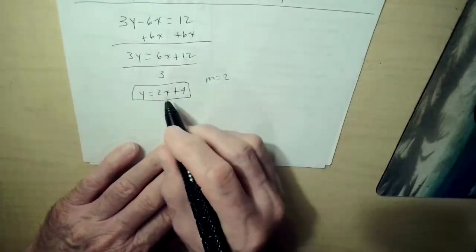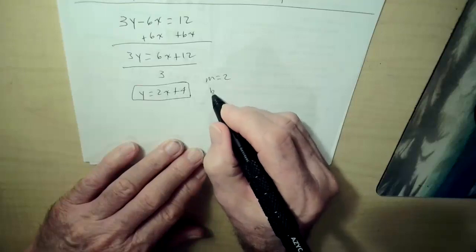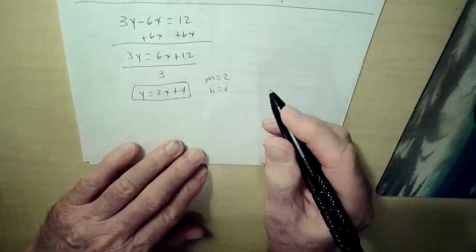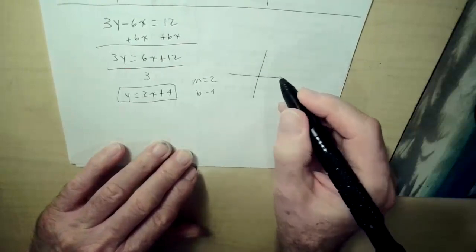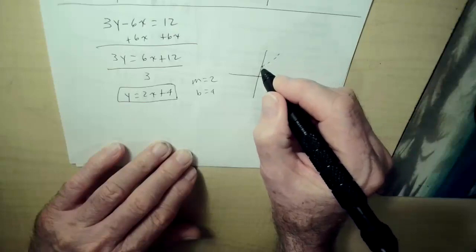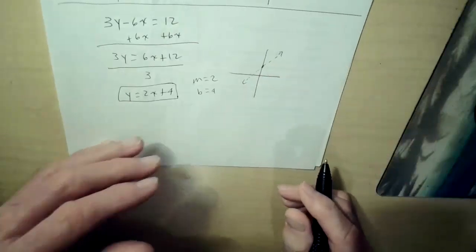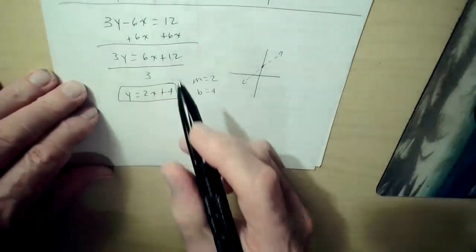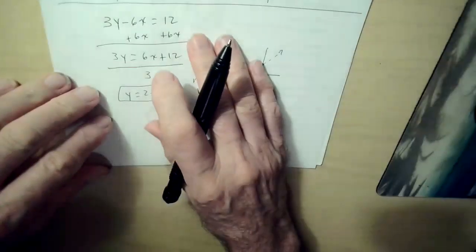Okay, and if our slope here is 2, this is the slope, and b, the y-intercept, is 4. And if you were to graph it, it's going to cross the y-axis at 4. Slope of 2 is going to look kind of like that. Okay, this is about as difficult as these problems get, but it's just a basic algebra problem. Very simple algebra problem.